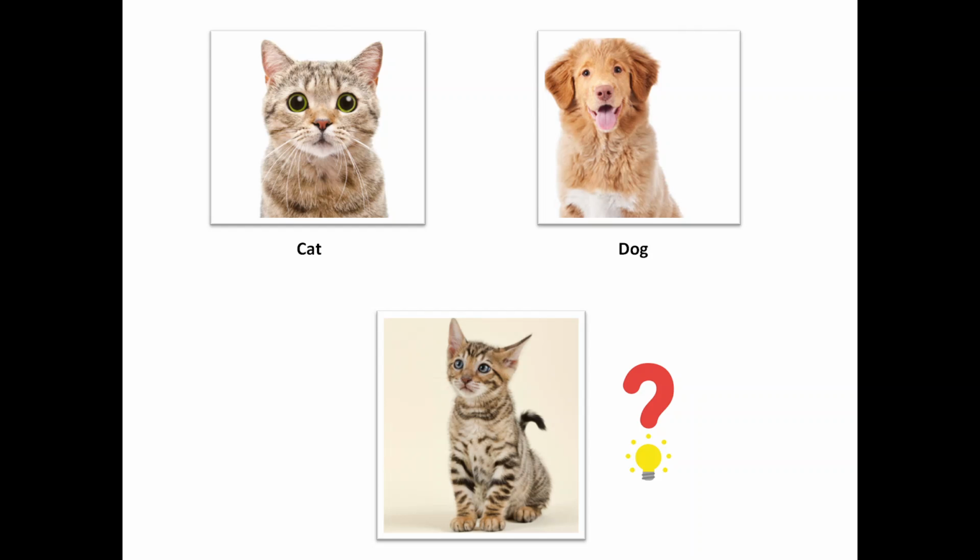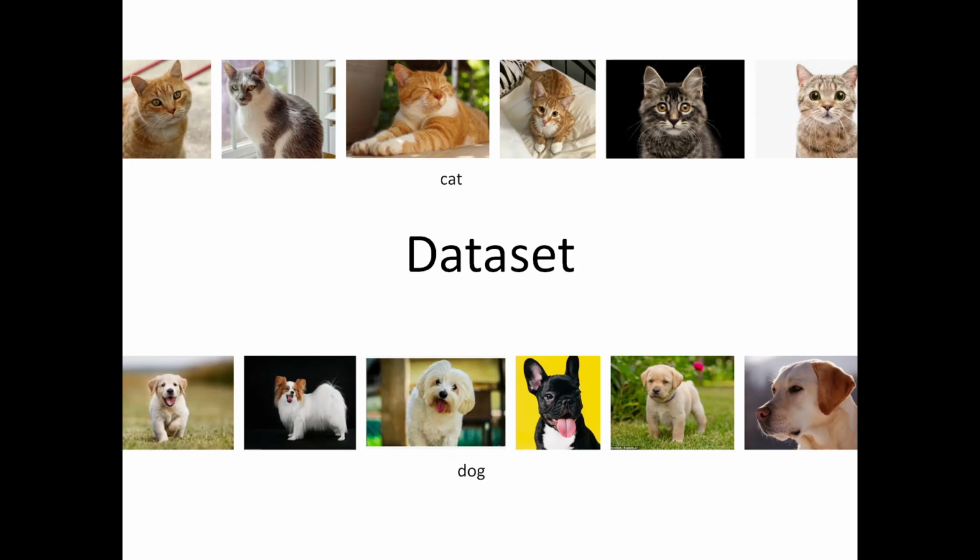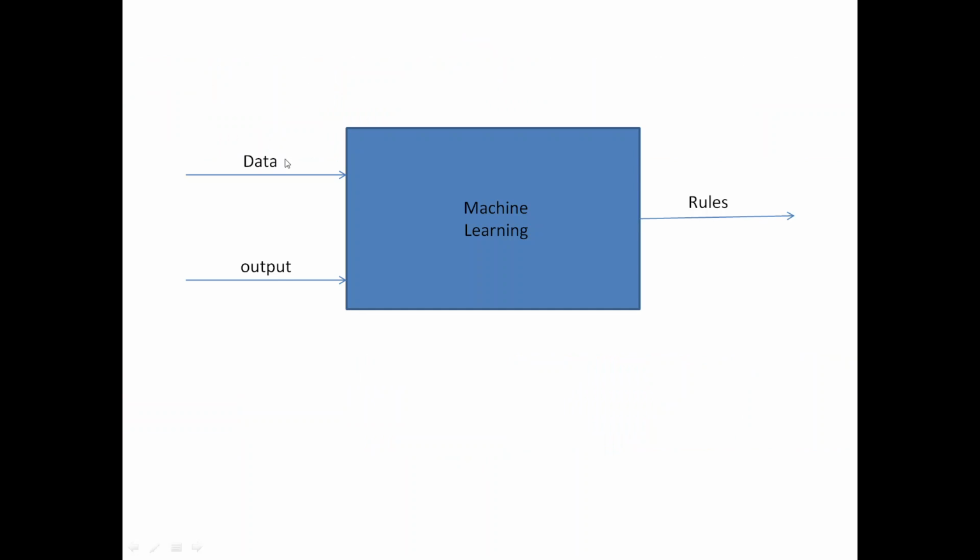Also, to solve this problem, first of all we will collect our dataset. We will collect a lot of images of cats and dogs. This data and the output, that is the labels of our images, will be used to generate some set of rules, and these rules will be used to solve our problem, that is to classify the image whether it's of a cat or a dog.